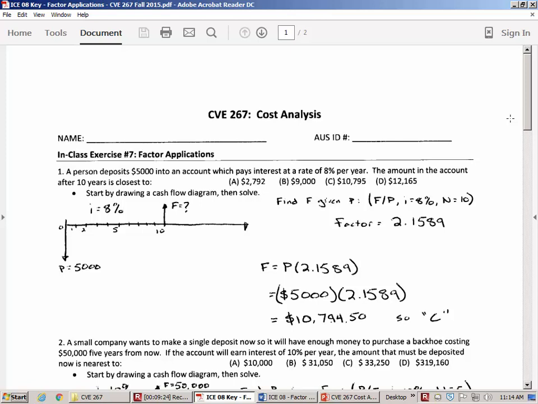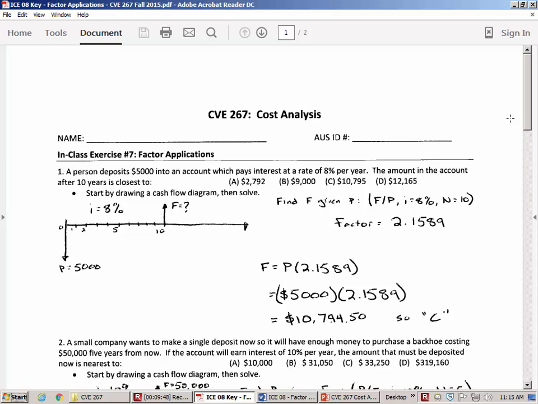So that's how to interpret that bracketed abbreviation statement. If we look that up in the back of the book, the factor is 2.1589. So finding the future amount is just as simple as multiplying the 5,000 by the factor, and you get this amount which matches C. Yes?